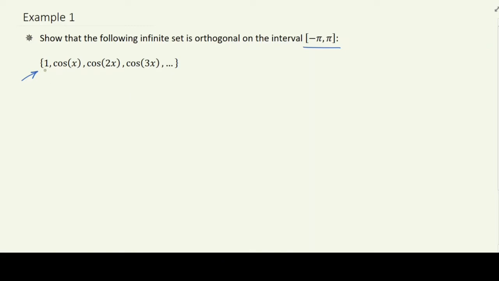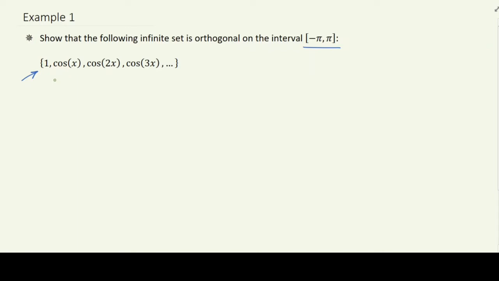So the first thing to note here is that this set is an infinite set, meaning that it has an infinite number of functions. And the reason is that you have cosine x, cosine 2x, cosine 3x, and so on and so forth. So how can we find all the pairs of functions in this set and then find the inner product of all those pairs?